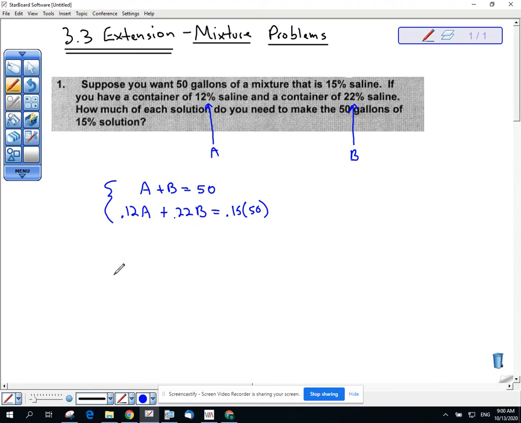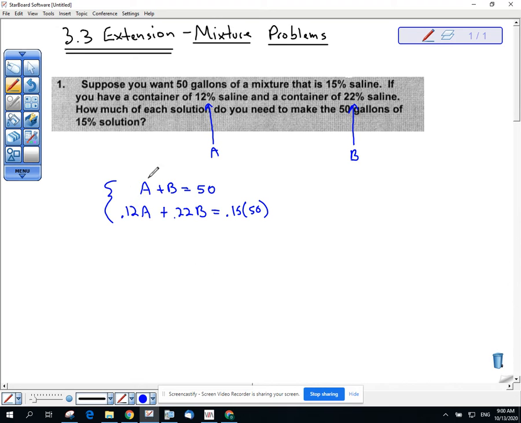Now, we've talked in class already about the fact that when your equations are in standard form, a lot of times those are tailor-made for elimination, and I'm not against you if you want to use elimination here. You could multiply through by negative 0.12 or negative 0.22. Either way, the first way would have you eliminating the variable A, the second way would have you eliminating the variable B, and you'll get the same answer that I'm going to get here.